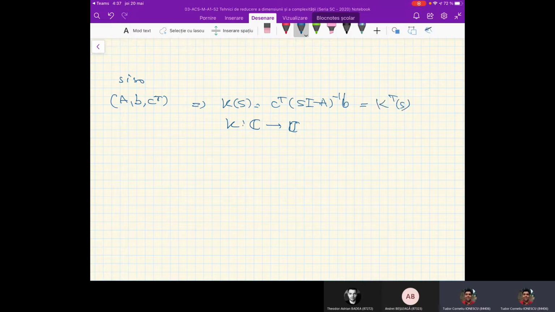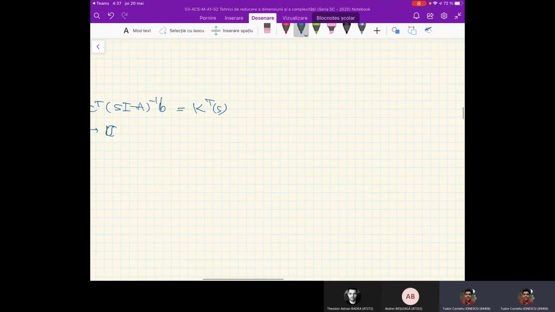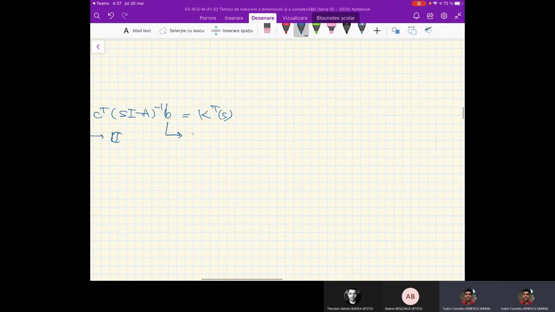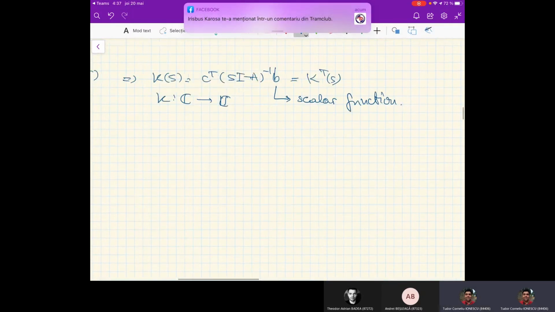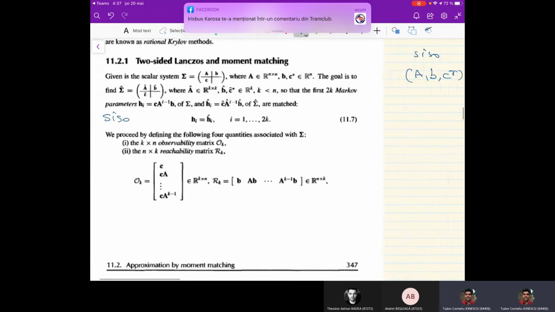So the single input, single output system is also symmetric because this is a scalar function. Such cases are good to start with.